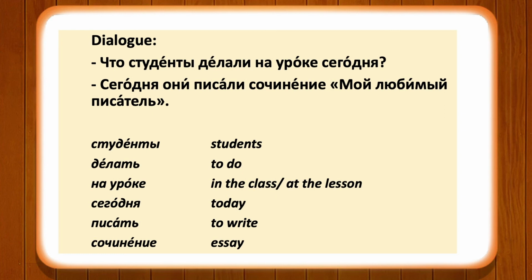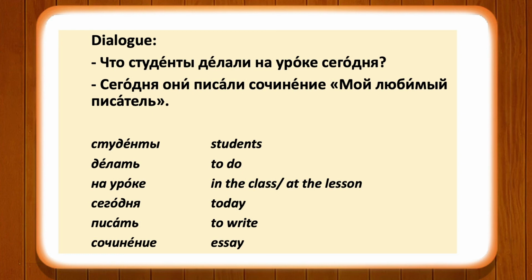The verb делали is conjugated in plural form because the subject is in the plural form. Studenti, они. The question in English is: what did the students do in the class today?